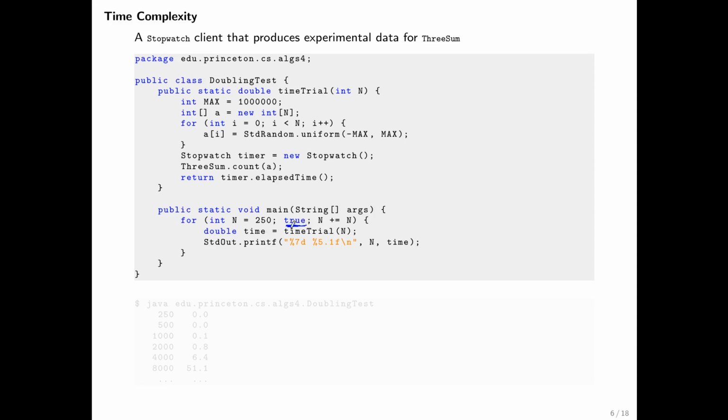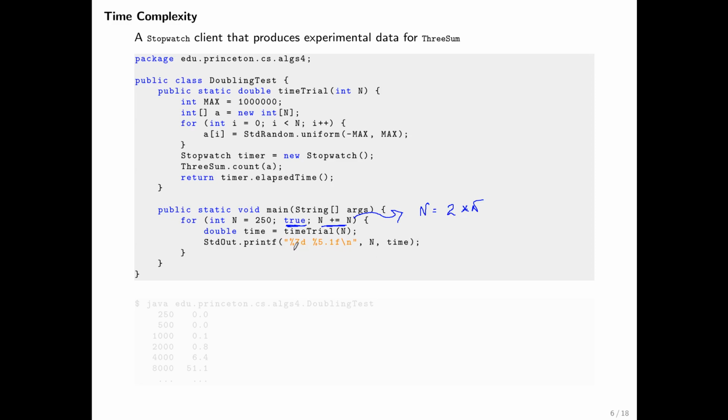And n is incremented as such, which is the same thing as saying n equals 2 times the current value of n. So in each iteration, the value of n is doubled. n starts at 250, the next time around n is going to be 500, next time around it's going to be 1000, and so on.